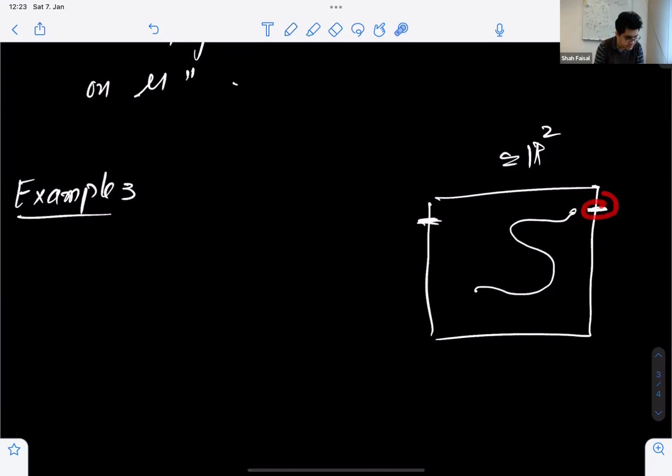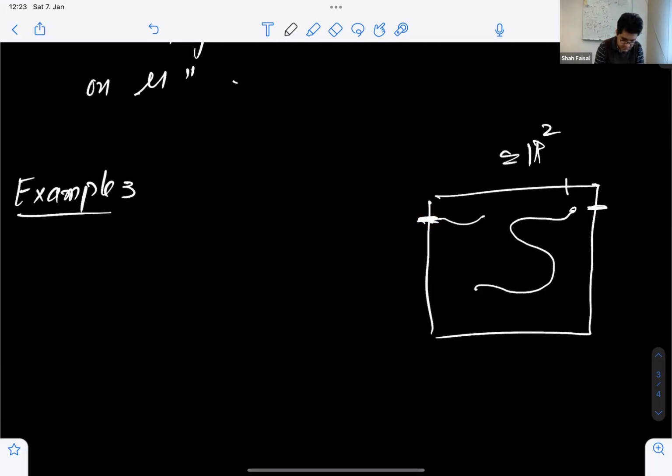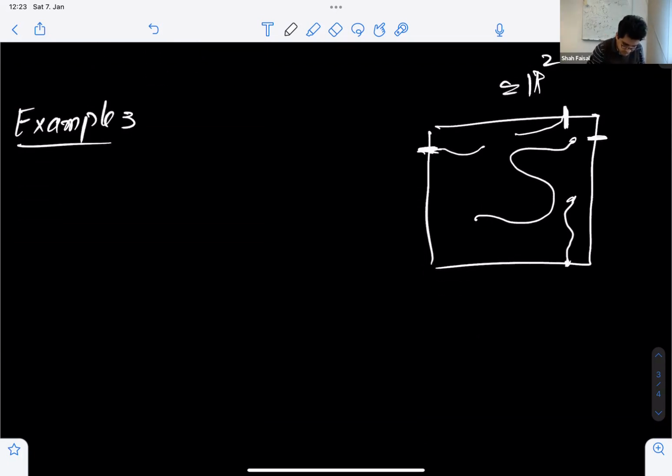So if it touches here, it starts from here, like this. And if it touches the other sides, let's say here, then it starts from here. So the moment it goes here, it suddenly starts again here. That's the rule. So the object is moving like this with this rule.